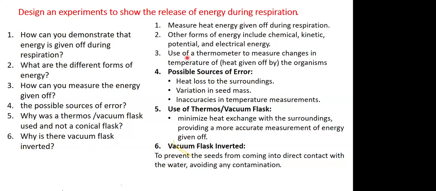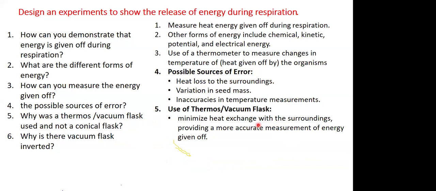Someone is saying use the same number. I've just told you using the same number may not help. Weighing them is much better. So we've already dealt with number 5. And then number 6, you're asking why is the vacuum flask inverted? Why don't we have it standing upright, the way we have a normal flask?